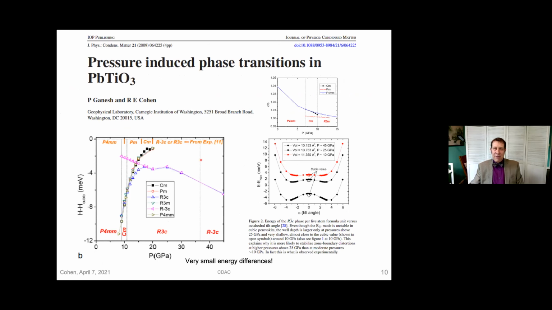So one of the works along this route was this paper that Ganesh and I did together trying to map this out. And what we found was quite different than what Kornev and Belesh found. We seem to find that it became centrosymmetric at high pressures instead of ferroelectric. And so that seemed to be contradictory with the Kornev paper. But I should say, though, that the energy differences are exceedingly small.